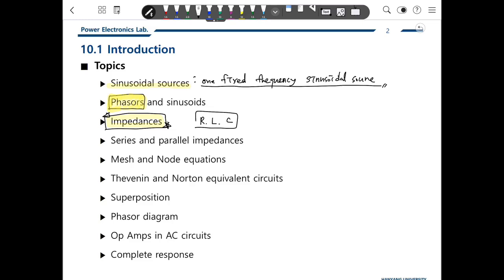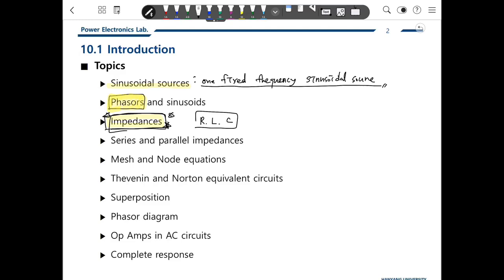In the time domain, we see this is R, this is L, this is C. The elements are different, and we need to express R, L and C independently. But in the frequency domain, R, L, C can be expressed as one continuous variable, that is the impedance.